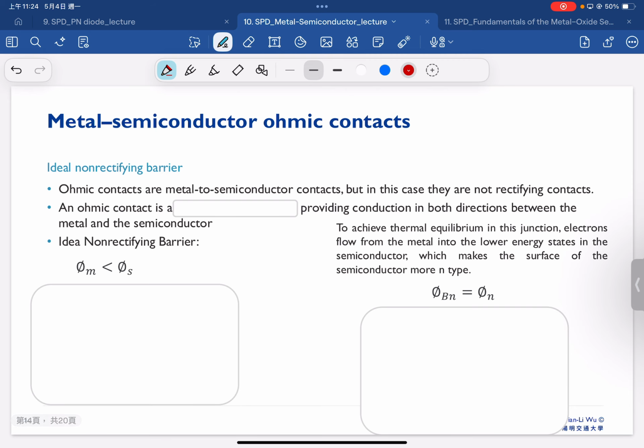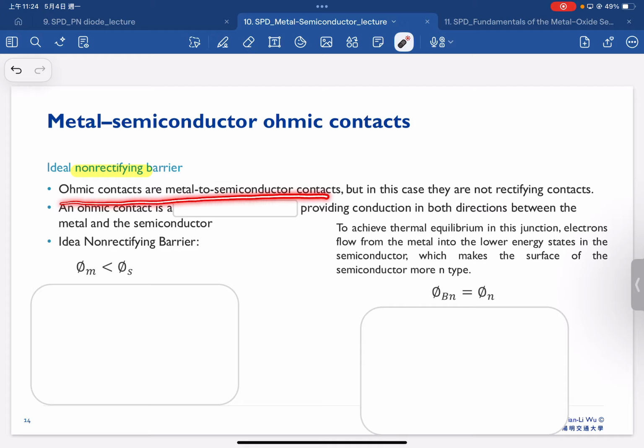So we finished the Schottky barrier diode, and now we will move on to the non-rectifying barrier, which is the ohmic contact. Ohmic contacts are metal semiconductor contacts, but in this case they are not rectifying contacts. An ohmic contact is a low resistance junction.